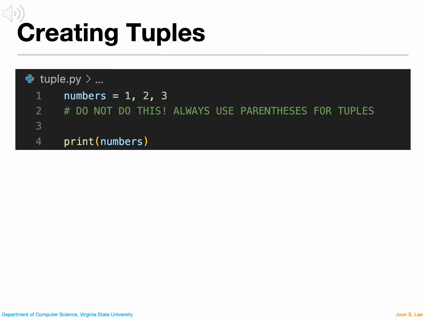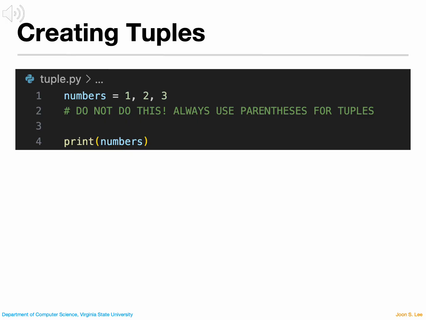Especially if someone on your team is new to Python, a line like this can create unnecessary confusion. By omitting two parentheses, you are not saving any meaningful time, but you are reducing clarity. So even though writing numbers = 1, 2, 3 works, the best practice is to always write tuples using parentheses.